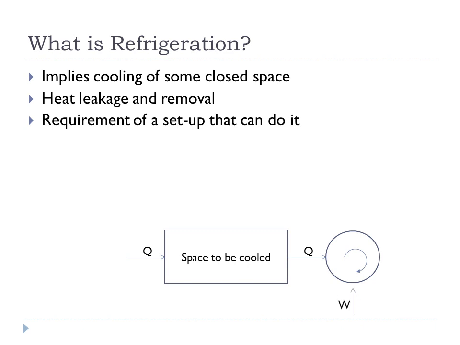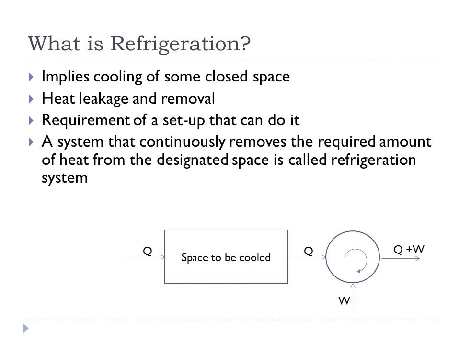So this refrigeration system would require some amount of work W, with the help of which it can remove Q amount of heat from the space which is to be cooled, and this total energy Q plus W will be rejected to the surroundings. So a system that continuously removes the required amount of heat from the designated space is called a refrigeration system.